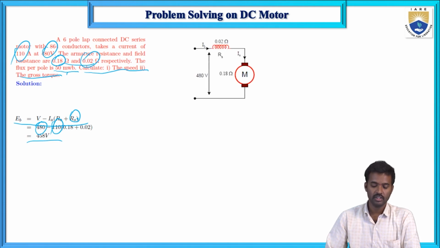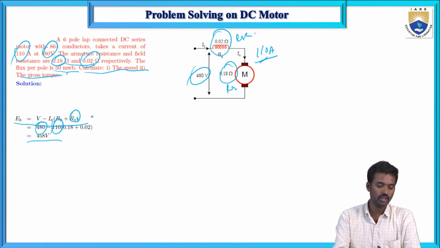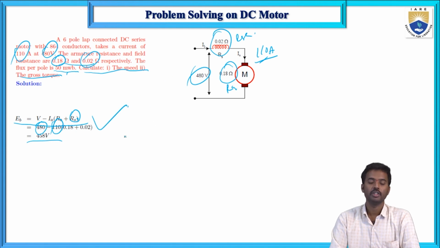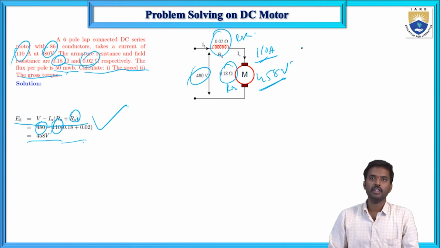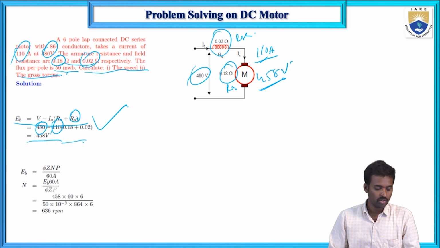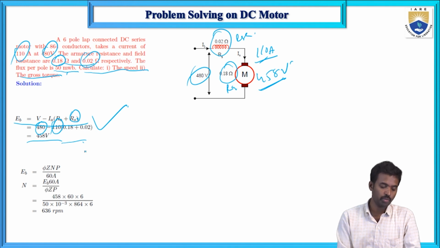And next case, this is the series circuit diagram, R series and RA. And this is IL, same current, so 110 amperes here. This is 480. If you apply KVL in this, this is the formula, EB equals 458 volts. And next, we need the speed. So how will we calculate the speed from the back EMF?